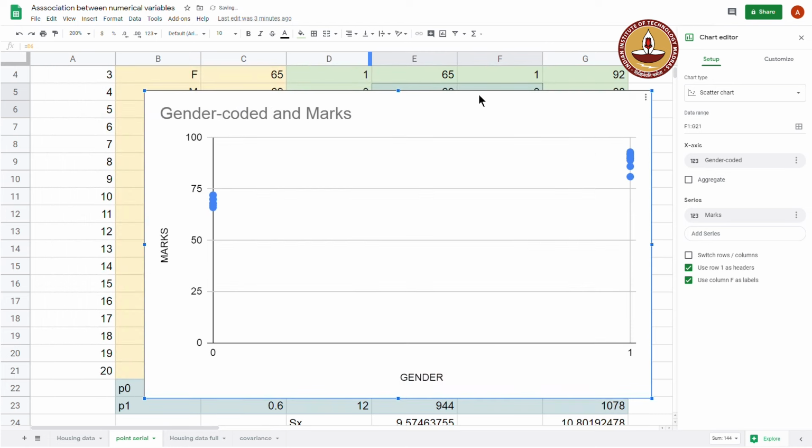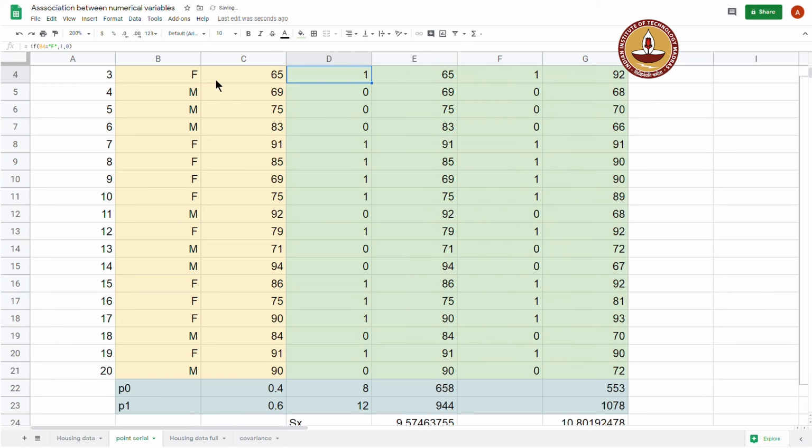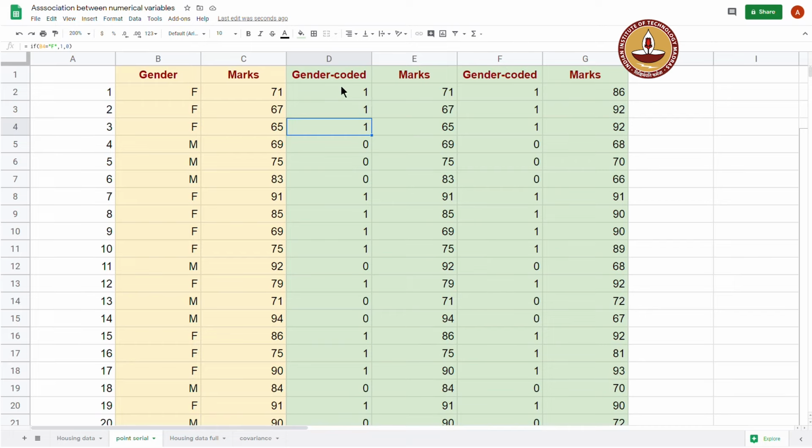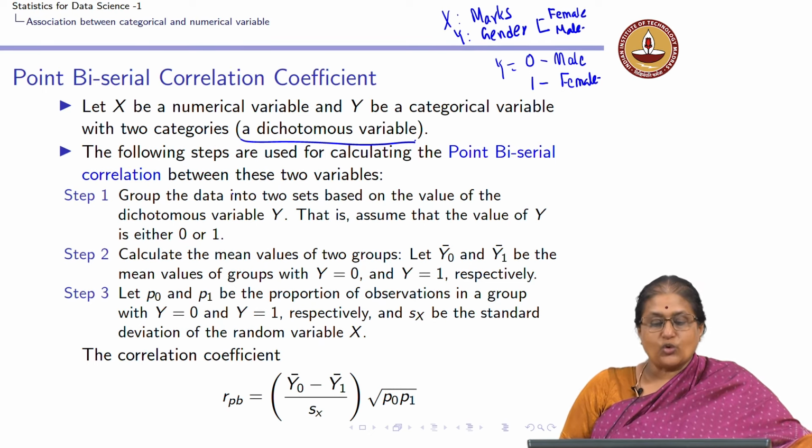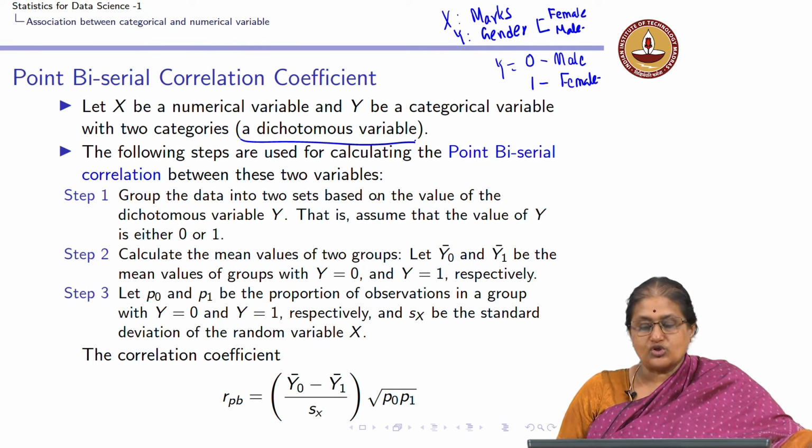So, you can go back and see that this is how we have coded the data here. So, y takes the value 1 if it is a female and 0 if it is a male.